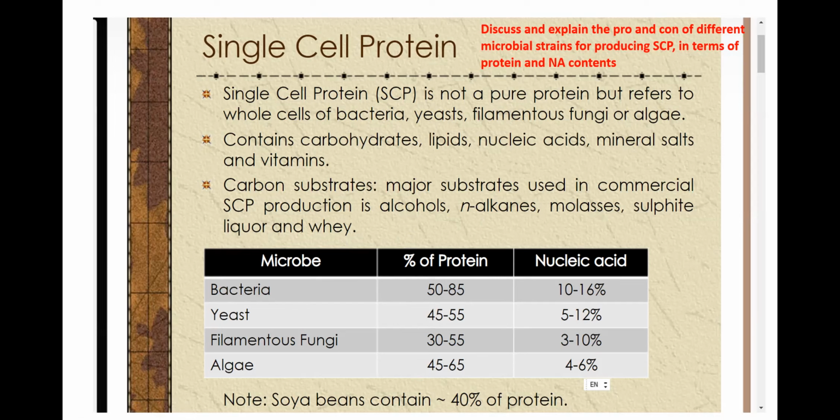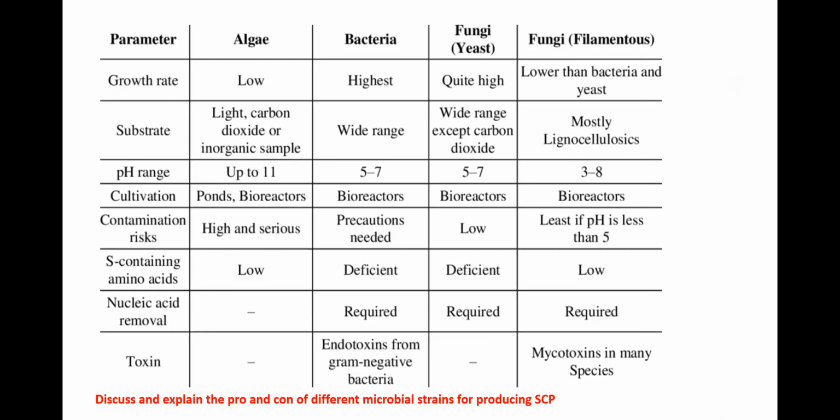However, it also suffers from high nucleic acid content, which is not good, because we need to put more effort into reducing the nucleic acid content. If we compare to soybean, which only contains 40% protein, obviously this kind of single cell protein will be a better source of protein.